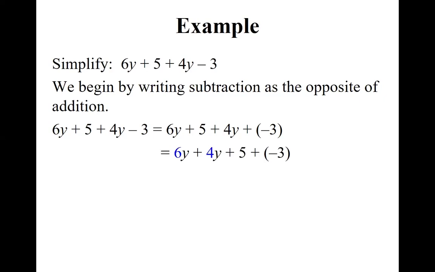Let's put the y's next to each other and the constants next to each other. Then 6y plus 4y, 6 of them plus 4 of them, is 10 of them. And 5 plus negative 3 is positive 2. So this simplifies to 10y plus 2.